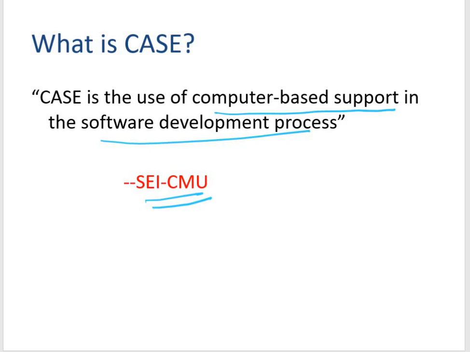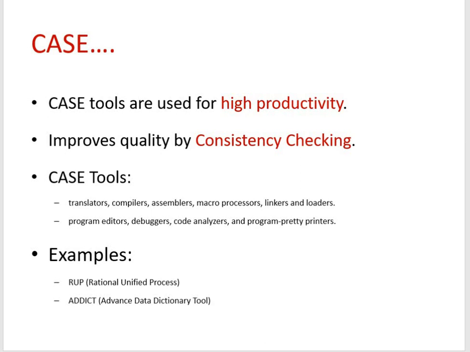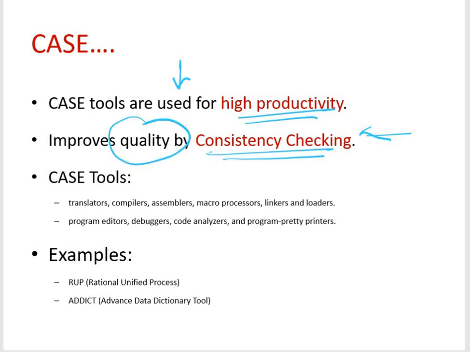So in CASE tools, we are using it for the sake of high productivity. We are using it in order to improve consistency checking. That means we are trying to improve the quality by consistency checking.